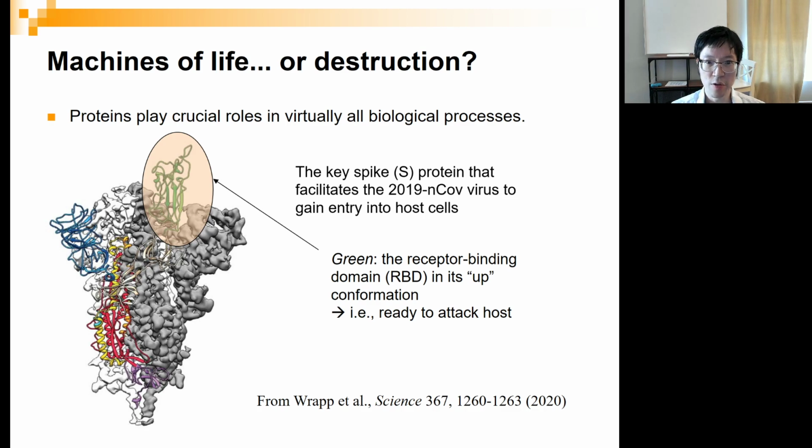So that structure has also now been determined. I do want to point out that the ACE2 is exactly the same cellular receptor that the original SARS virus also binds to.